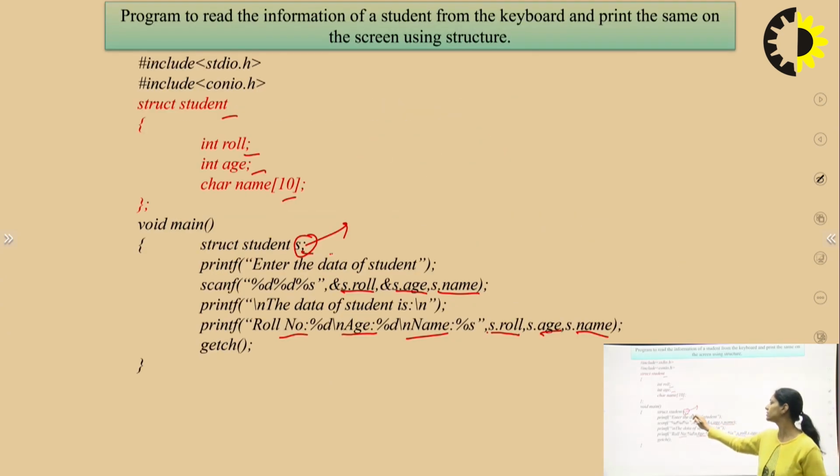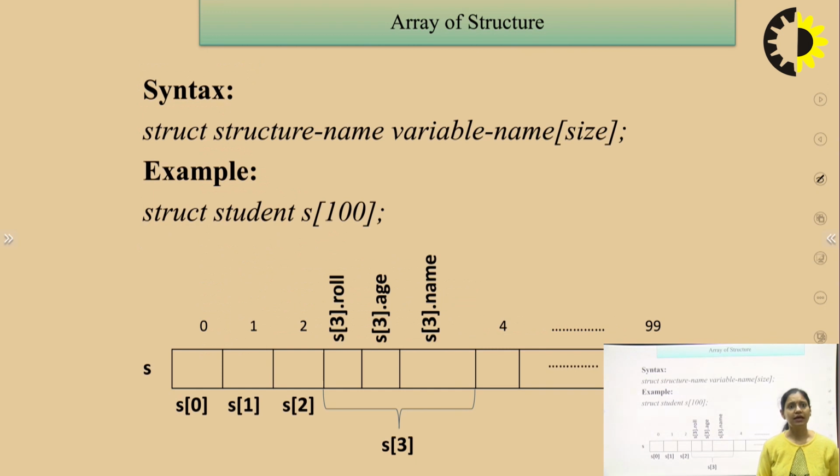For 50 students, S, S1, S2, S3, S4 and S5 and so on till S50. So for that, we create the array of structures, which again is a kind of an array. Here we have the student name. So we have S students of size 100. There are suppose 100 students over here.